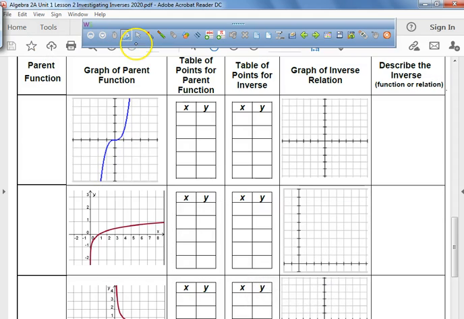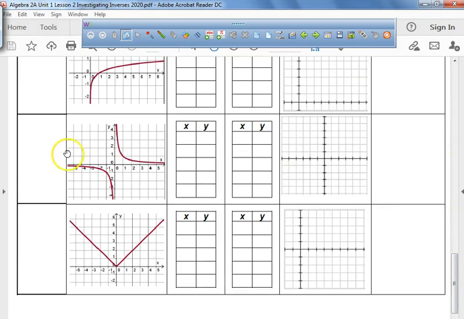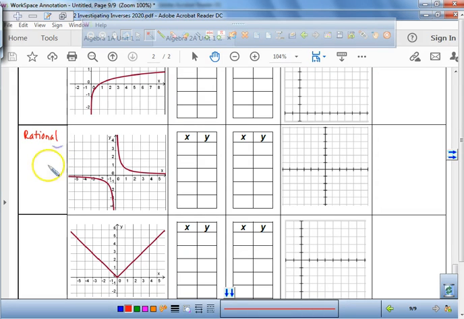I'll do the last couple just so you guys know. This right here is a rational function. This is absolute value. So right here, this is rational, so I'll write rational, and that's f of x equals 1 over x. This is also known as a reciprocal function.